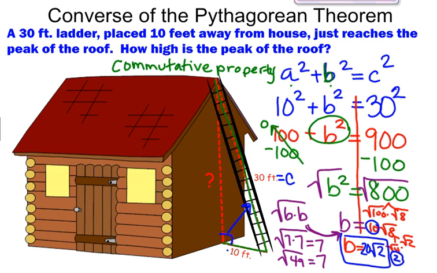So the simplest answer I could give to this problem is that the height of the roof, or how tall this building is, is 20 root 2 feet, which we just figured out on the calculator was about 28 feet.